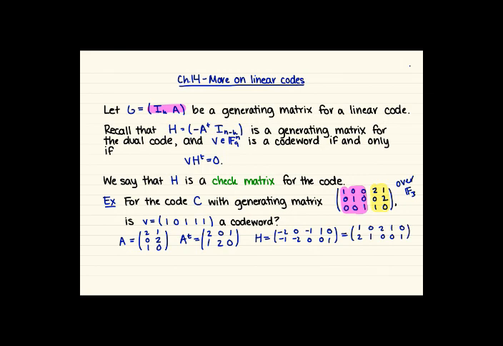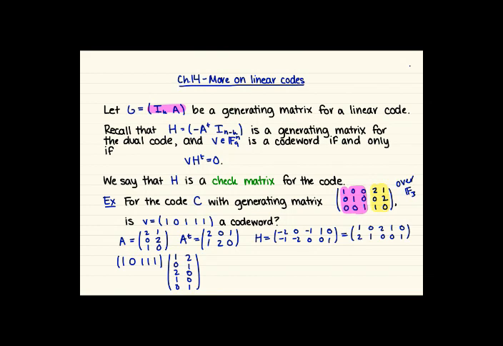To see if that vector V is a code word, I've got 1, 0, 1, 1, 1, and we multiply that by the transpose of H, so by 1, 0, 2, 1, 0, 2, 1, 0, 0, 1.